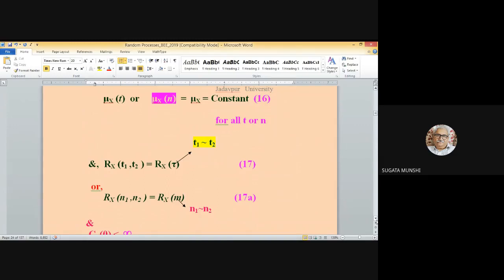As Rx0 gives you the mean square value, similarly Cx0 will give you the variance.